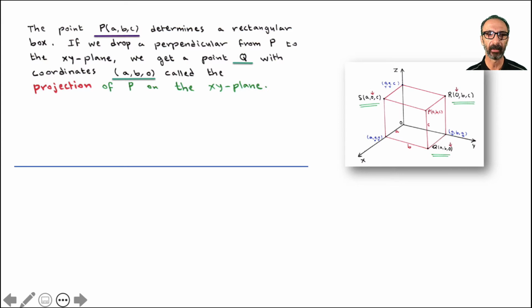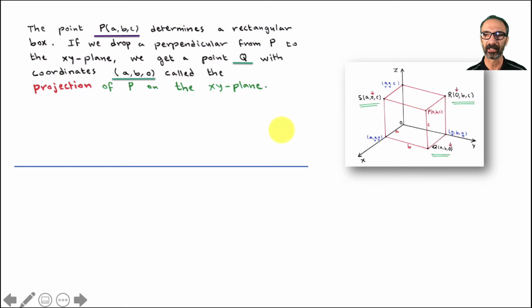If you drop a perpendicular from point P to the XY plane, from this point down here, we get a point Q with the coordinates (a, b, 0). Notice that 0 for the z value, because we're not up there, we're just down on the XY plane. It's called the projection of point P on the XY plane.